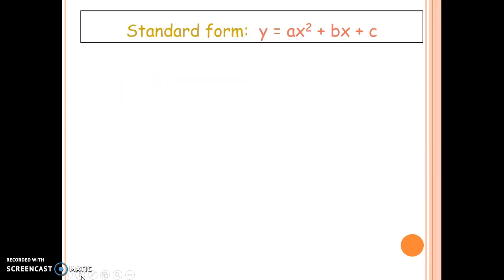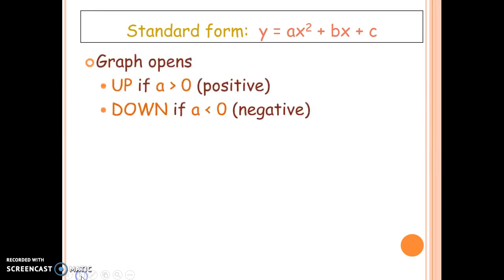So now let's explore standard form. The first thing is that the a still determines whether it opens up or down. If a is positive, it's going to open up. If a is negative, it opens down. Now this is something new. The y-intercept is at the point (0, c).